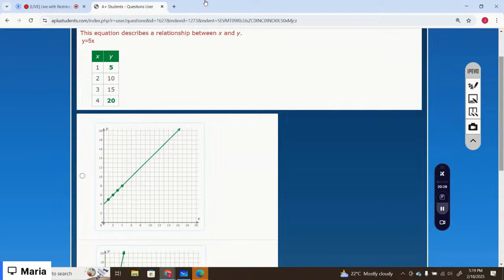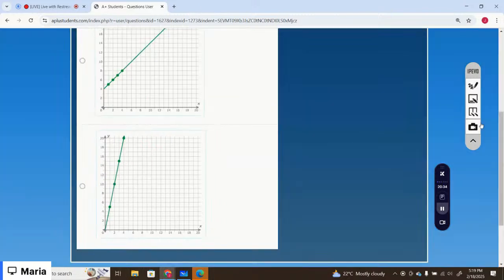X is 1, y is 5, x is 2. No, that is not the correct option. Option number 2 is the correct option.